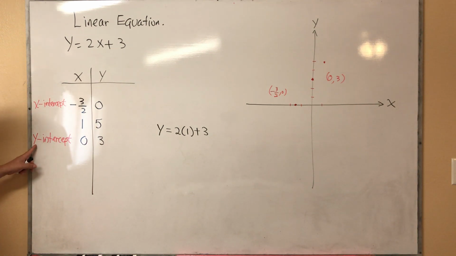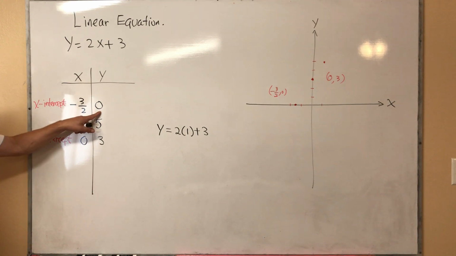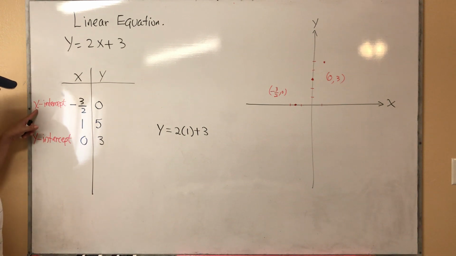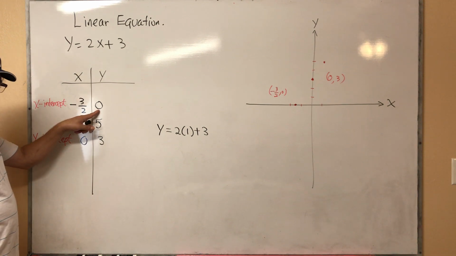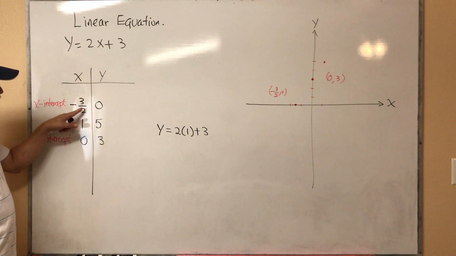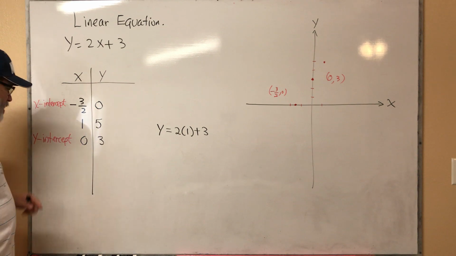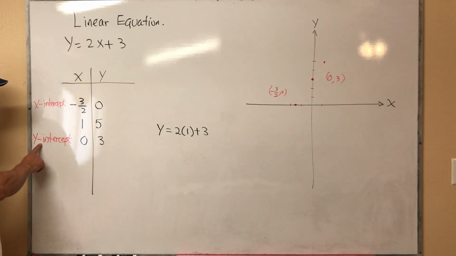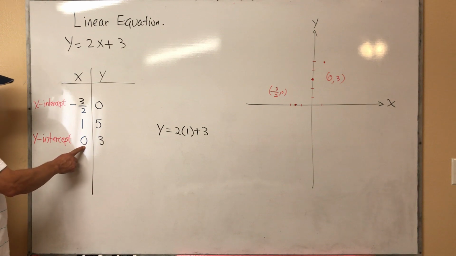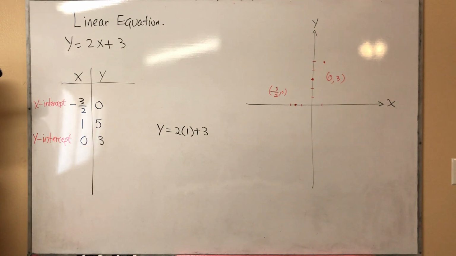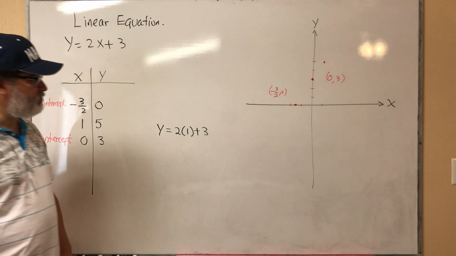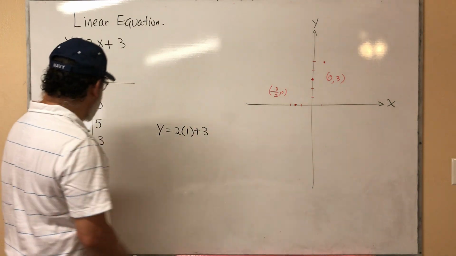You let y be 0, and then solve for x. How do you find the y-intercept? You let x be 0, and then you solve for y. Okay. And so now we have these 3 points.